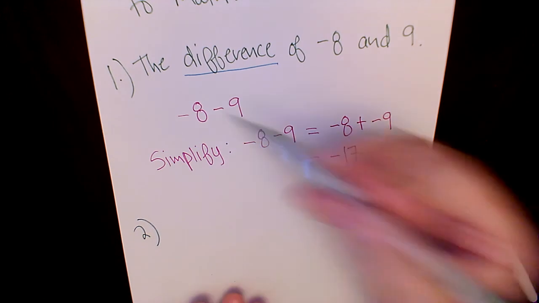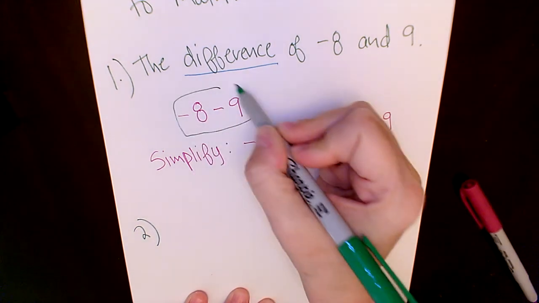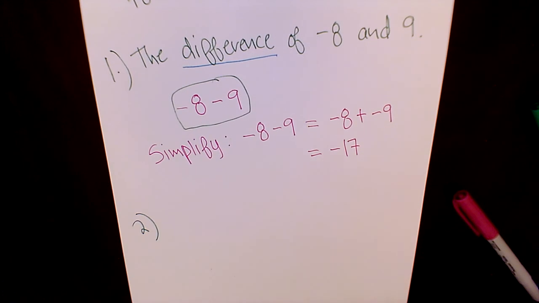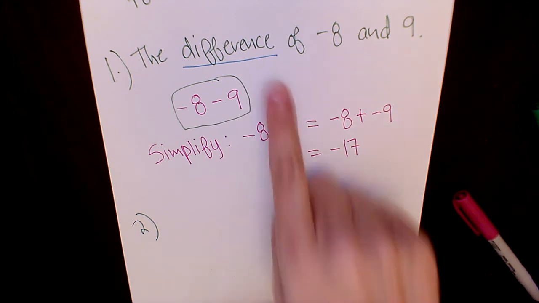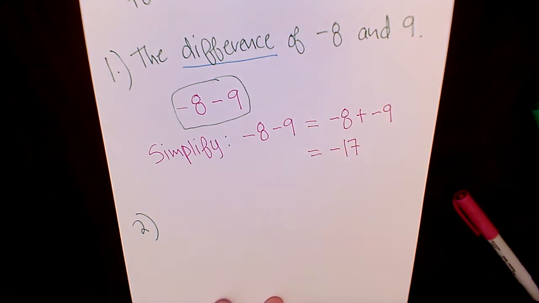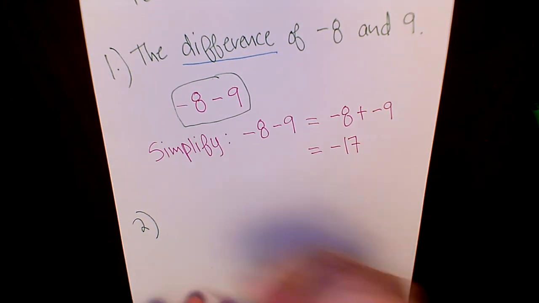Sometimes they just want the math part, but I'm just prepping you in case they make you work out the full problem. Okay, so whenever you see difference, you're going to subtract. Let me do one more.